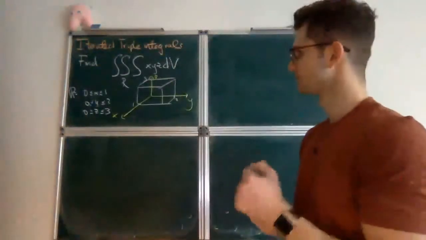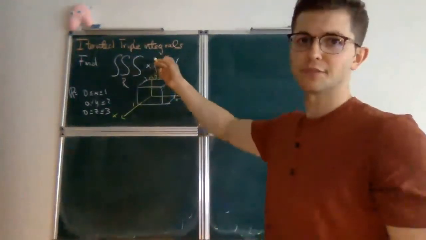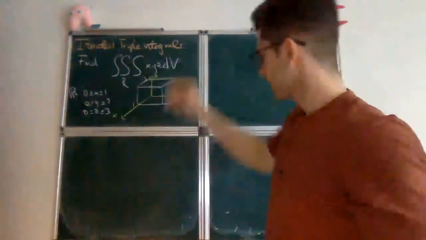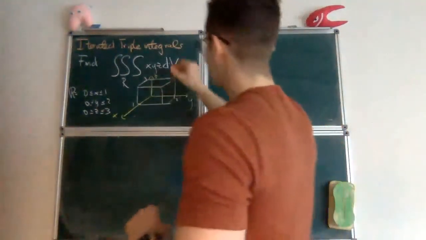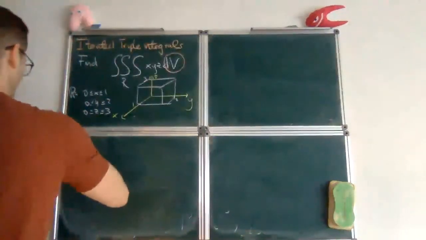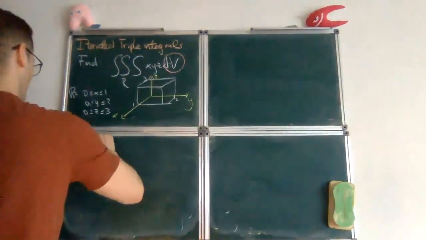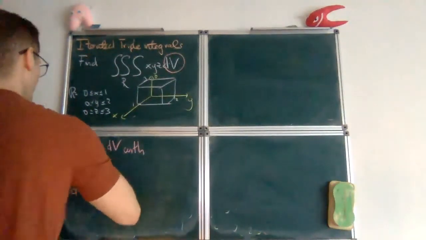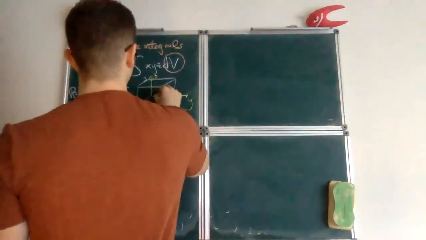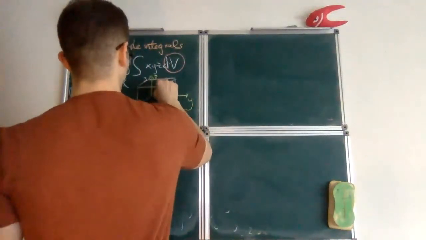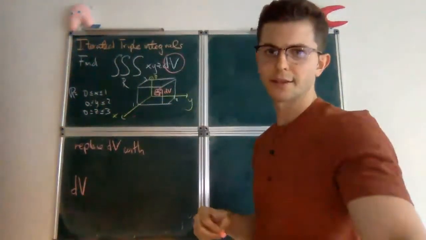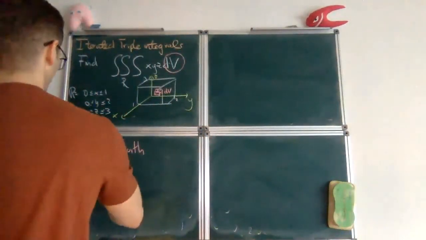Okay? The point is that in order to do this triple integral, you can do the same as before. The basic idea is to replace dV. Now dV, again, is like a little piece of volume that you see here. So the question is, in how many different ways can you write this little piece of volume? Well, basically, there are 6 different ways.